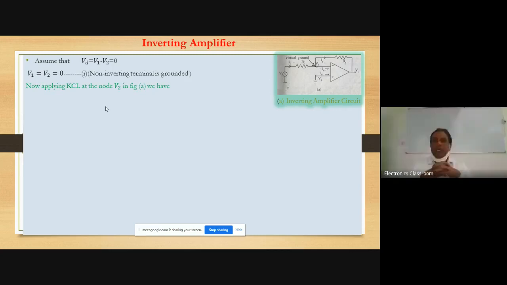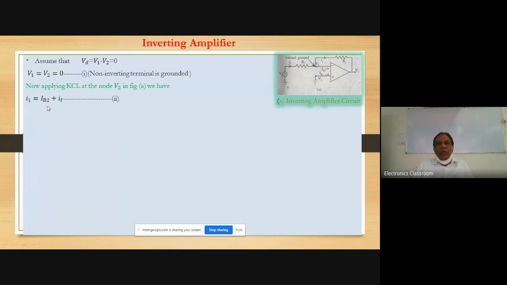Sum of the current at the junction is 0. Or in other words, we can say that incoming current is equal to outgoing current. The incoming current I1 is equal to the outgoing current IB2 plus IF. I have shown here that I1 is the current flowing through the resistance Ri, which is equal to IB2 plus IF.